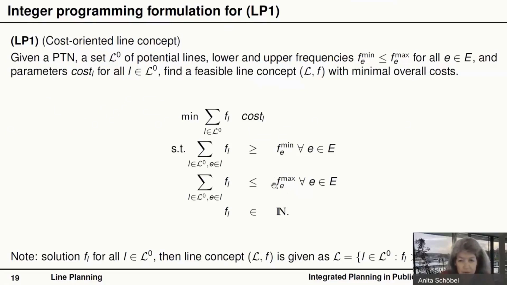We might also have upper bounds, making sure that we do not have too many lines along the same edge. And the variables are the frequencies, which are natural numbers, so 0, 1, 2, 3, and so on. If we have found the frequencies, then we can easily find the line concept, because all lines with positive frequencies have to be established and all others are not needed.